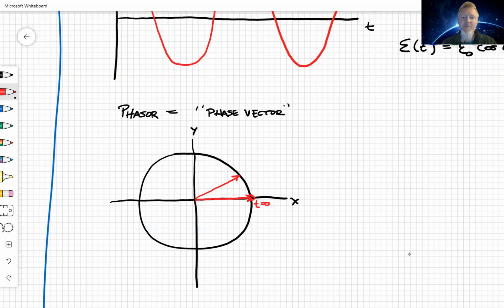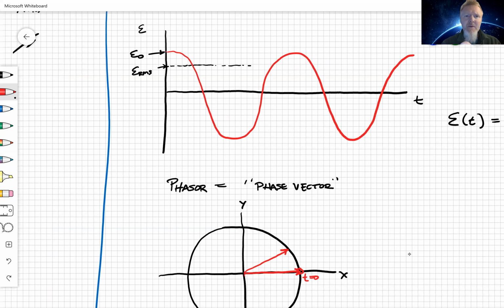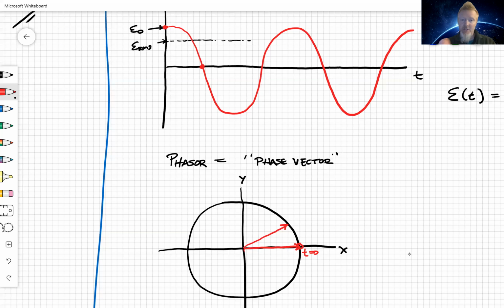So at t equals 0, that's the maximum amplitude in the x direction. So that's where a cosine would start. Then as we come up to this thing and we drop down here to this point, how much is projected along the x-axis? Well, 0, because I'm on the 0. And the value of where you are on this wave is the projection of this phasor onto the x-axis.